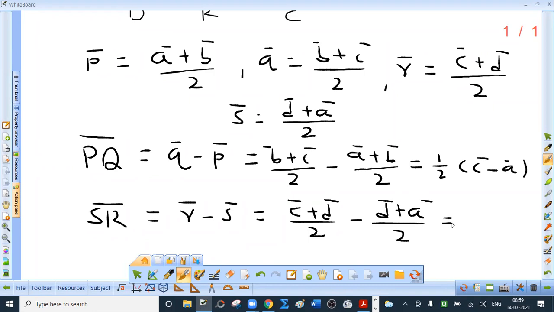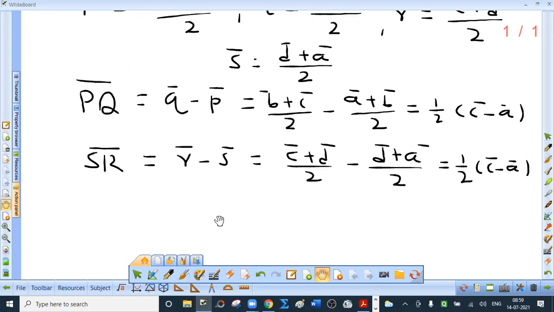So this is again half C bar minus A bar. Now after this you have to write, therefore PQ bar equals SR bar. When we say that two vectors are equal, by that we mean their magnitudes are the same and directions are also the same.